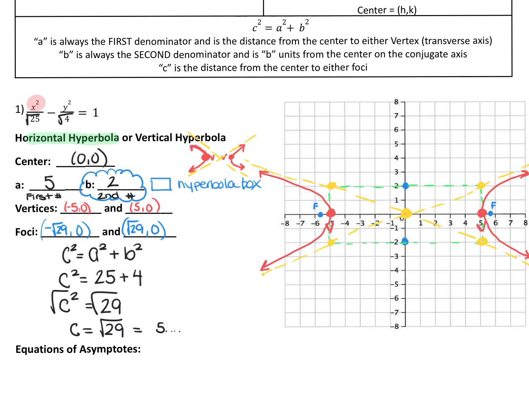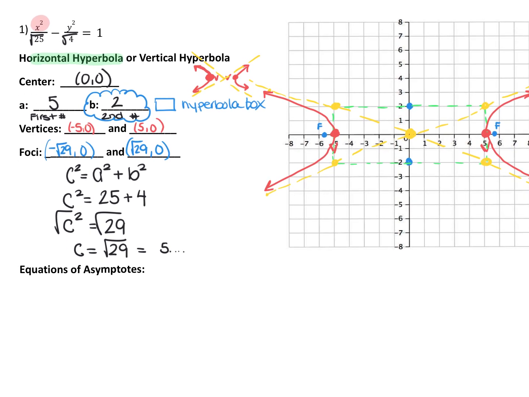Okay, and then the last and final thing is the equation of the asymptotes. So these asymptotes are those yellow lines that I drew there, and we need to recall the formula y minus y1 equals m times x minus x1. For my asymptotes, we need to know the point that it goes through. The center is the easiest point to use. You absolutely could use these corners of the boxes, but we're going to use this center point here.